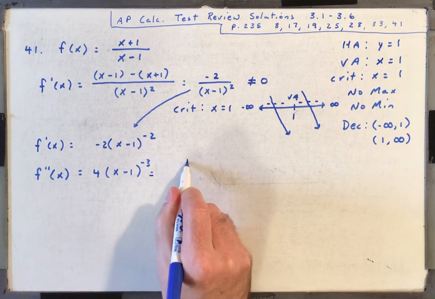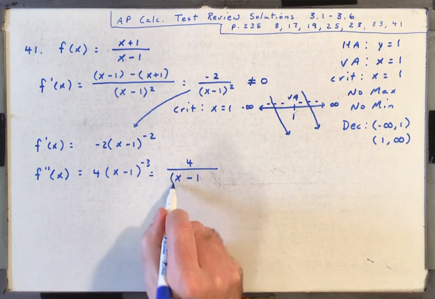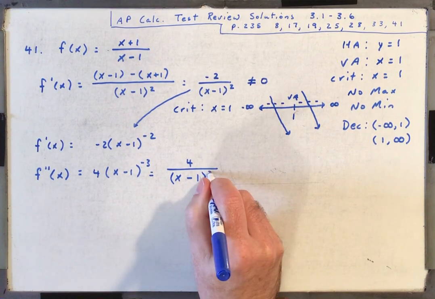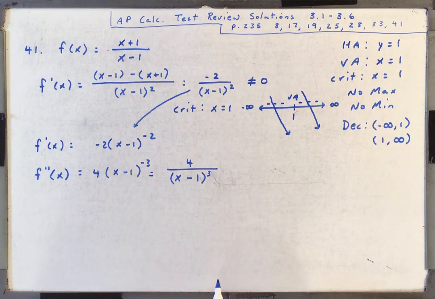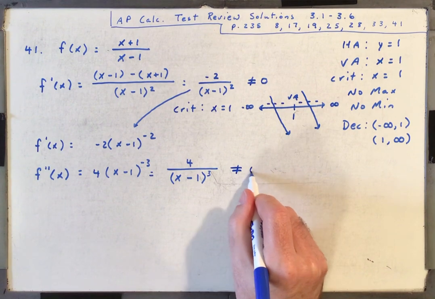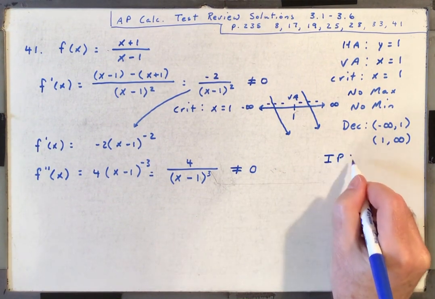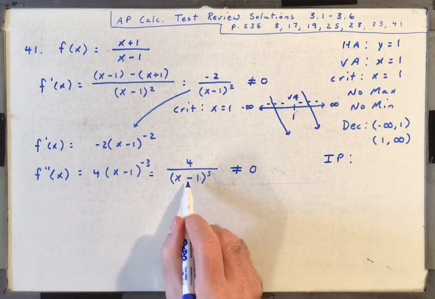So that's 4 over x minus 1 cubed. Now that's never going to be 0, is it? However, I have a possible inflection point where the bottom is 0.